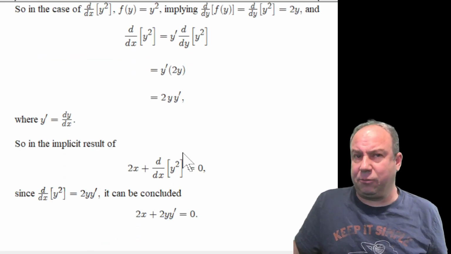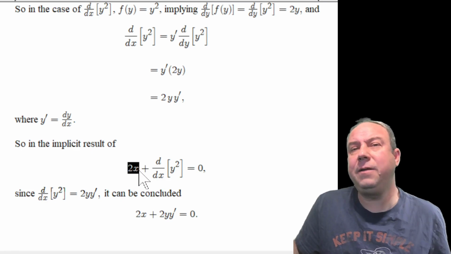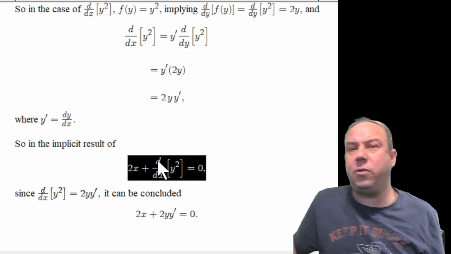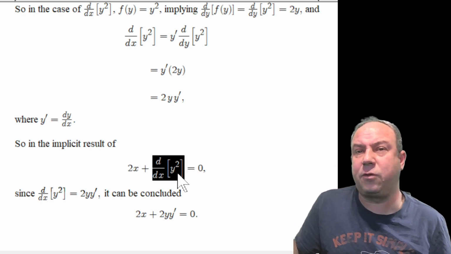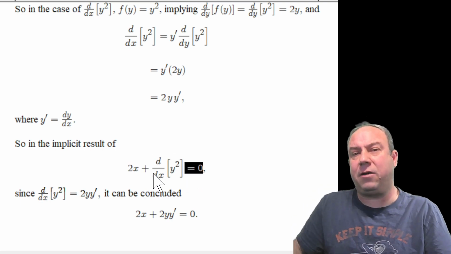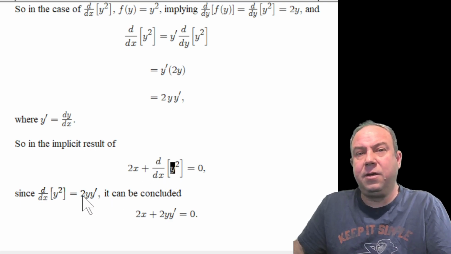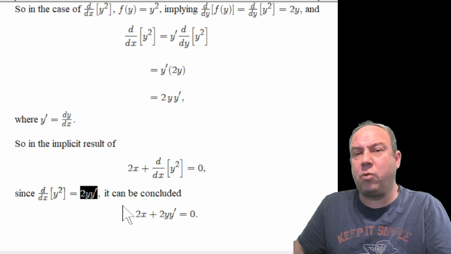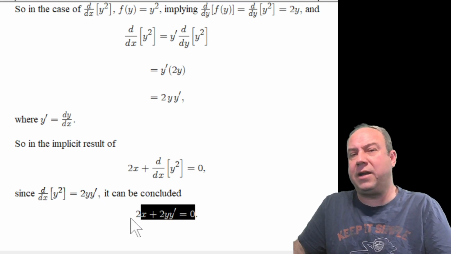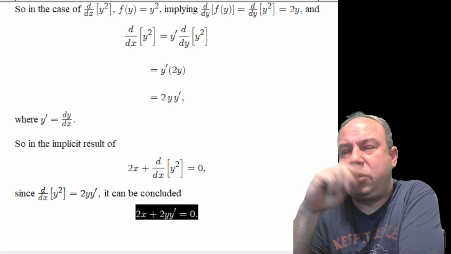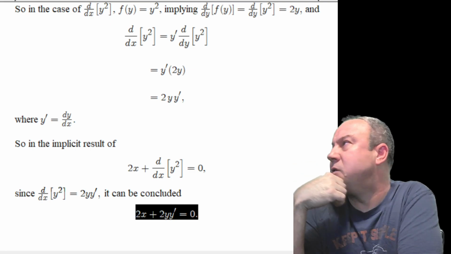So in the implicit result, right, if we go back and substitute in for these quantities, 2x plus the derivative with respect to x for y squared equal to 0, the value of the derivative with respect to x for y squared being equivalent to 2y times y prime, we end up with this result right here. 2x plus 2y times y prime is all equal to 0.